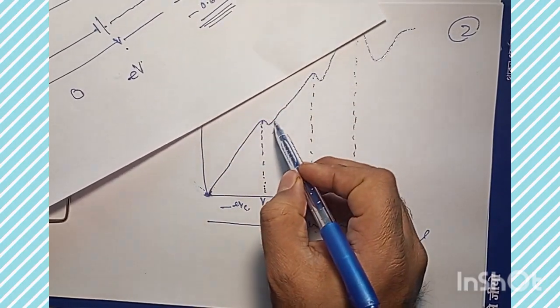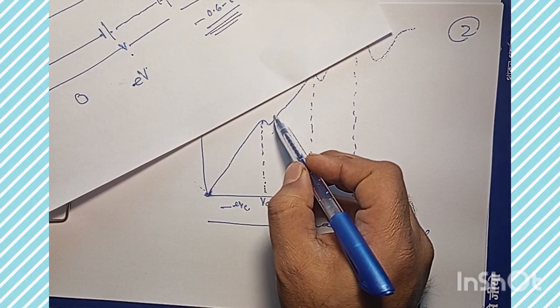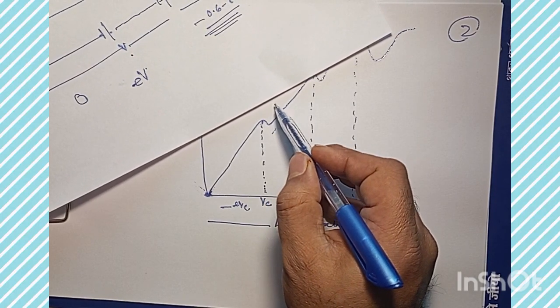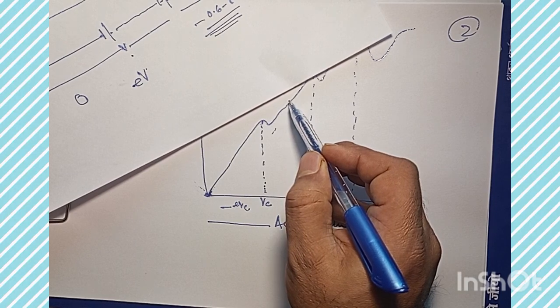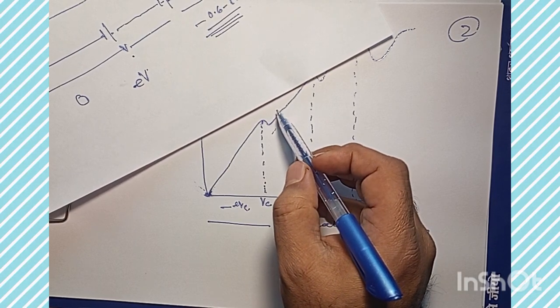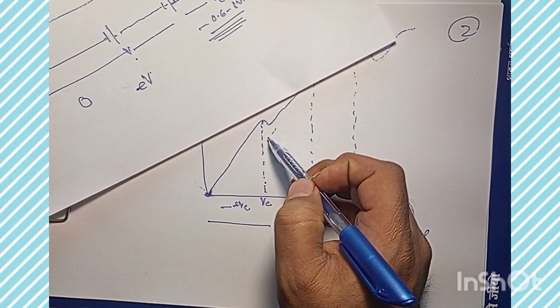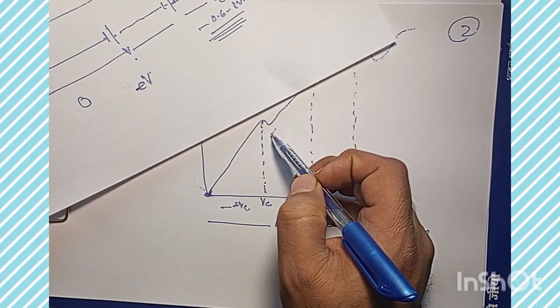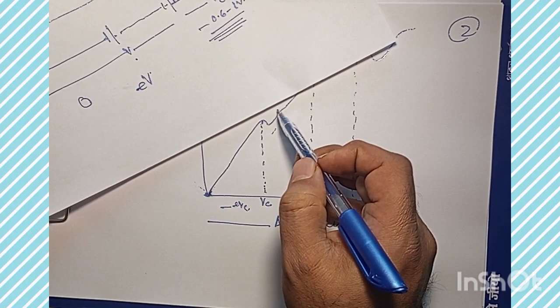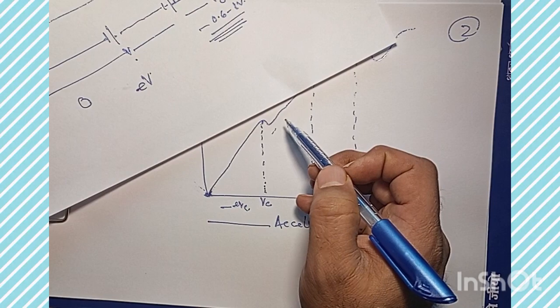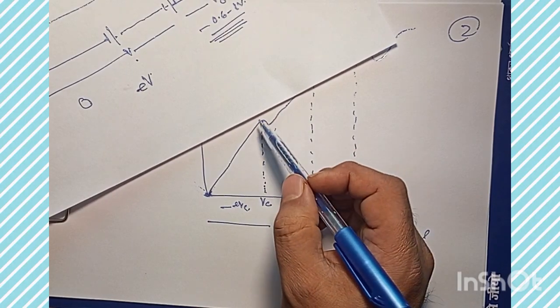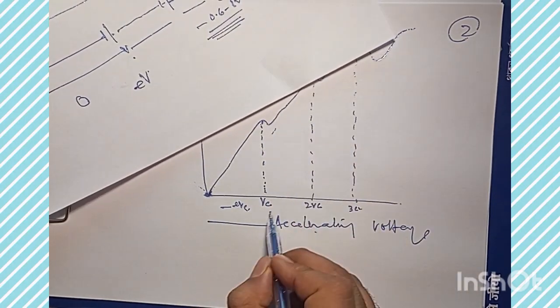There is again an increase in the current, as these electrons acquire enough energy to reach there.